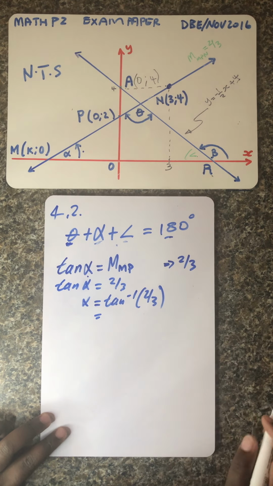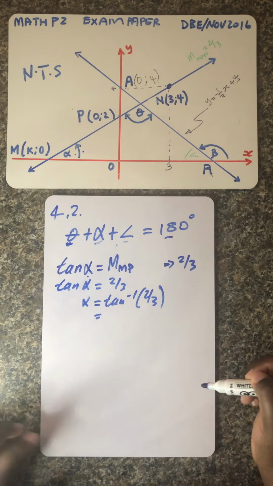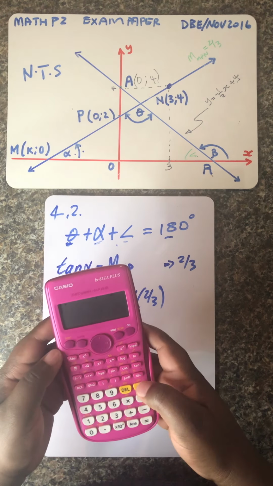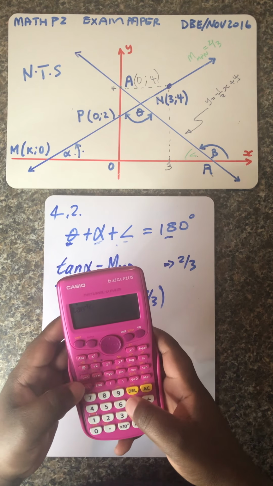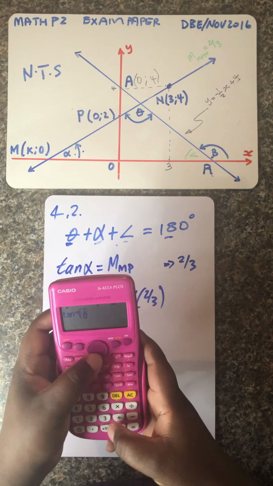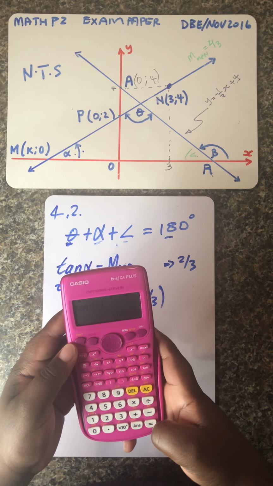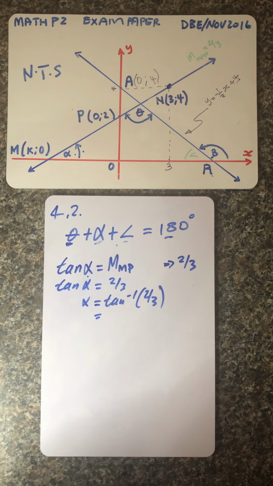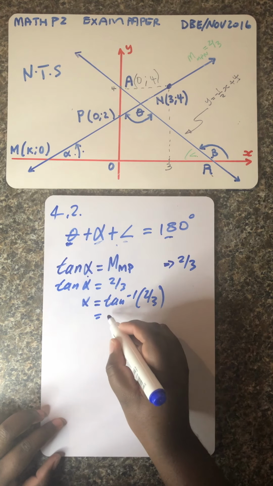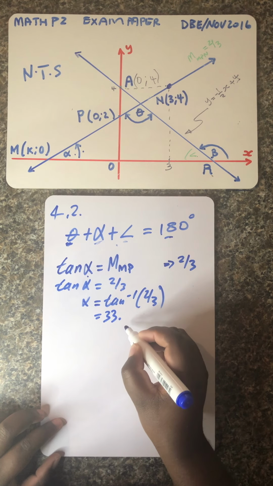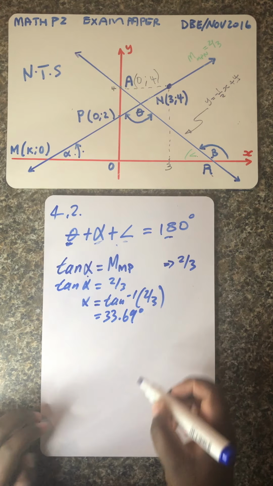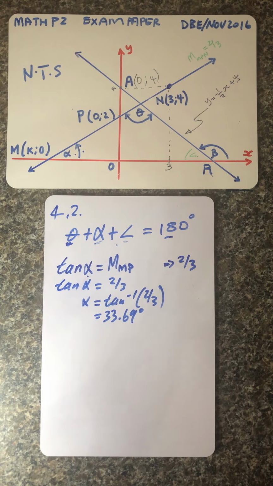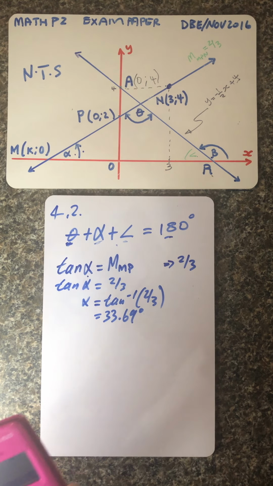If you punch this on a calculator, it will give you the value of that angle. Shift then tan of 2/3 close, it's equal to 33.69. I hope when you punch it you get the same answer, which is 33.69 degrees.